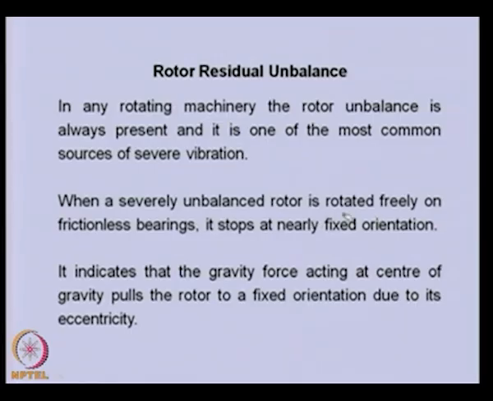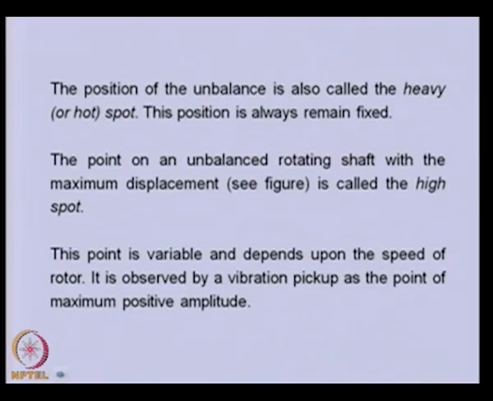This is nothing but the static balancing of the rotor. It indicates that the gravity force acting at the center of gravity pulls the rotor to a fixed orientation due to its eccentricity. This we already discussed regarding the static balancing of a practical rotor, how we can do it.